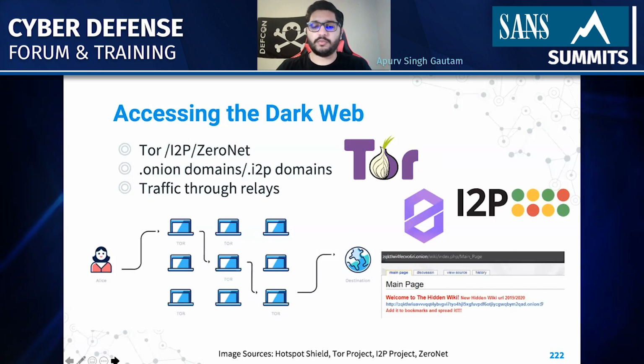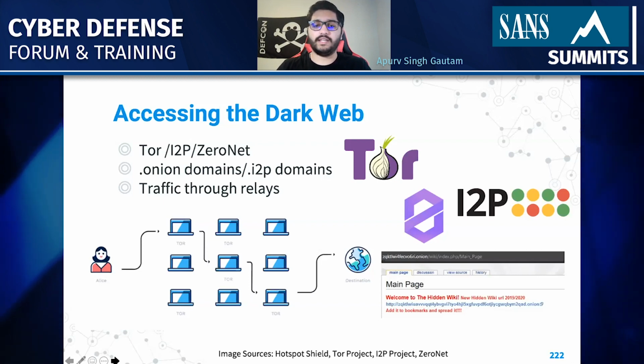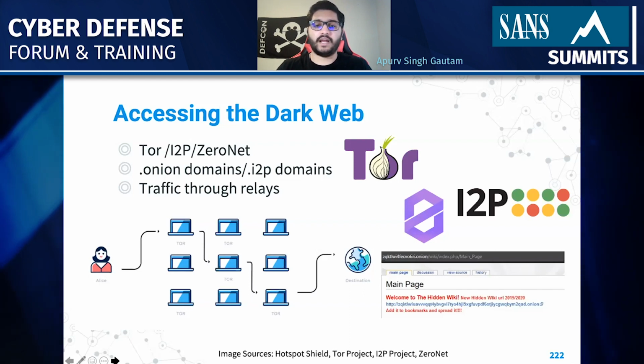So basically how Tor works is it gives you anonymization. I would not say it gives you full anonymization because there are some attacks on Tor also, but the basic concept is it routes your traffic through several nodes or relays, and that's why it is hard to determine who is accessing what, and it gives some anonymization there. The full form of Tor is The Onion Router.